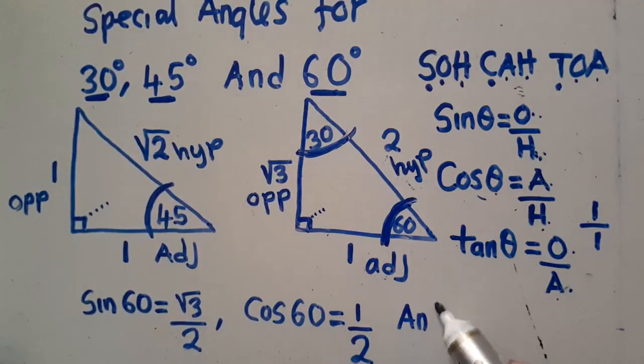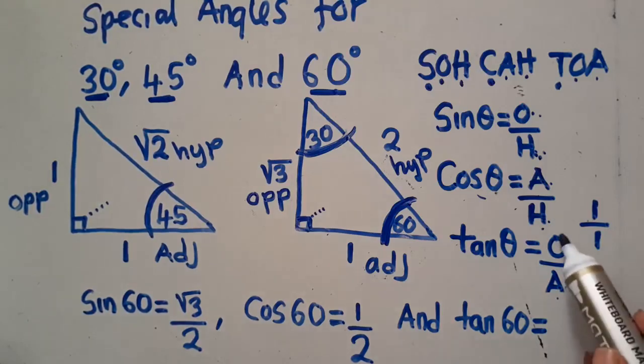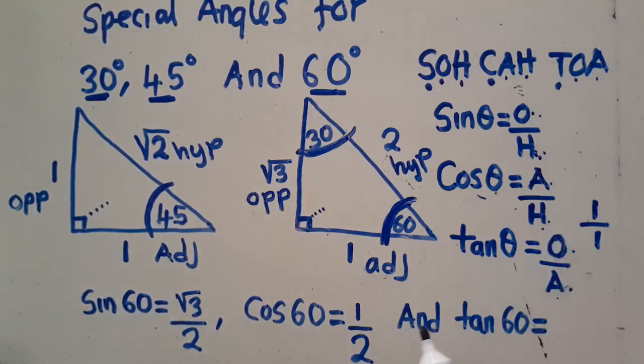And the last one, which is the tan. Tan 60 is equal to what? Tan is opposite over adjacent. Where is the opposite?